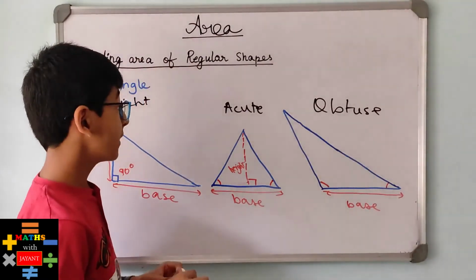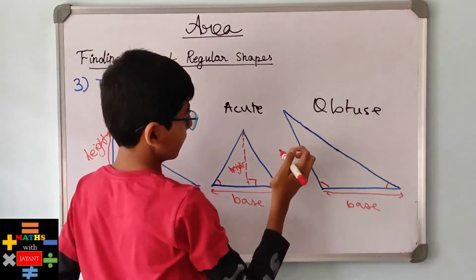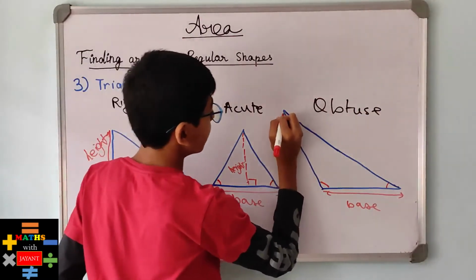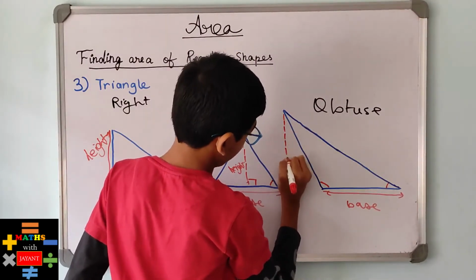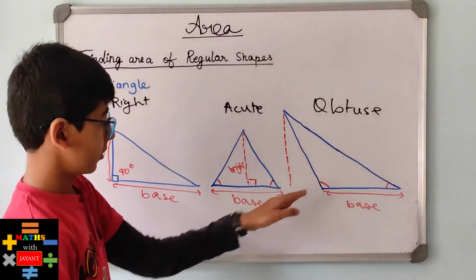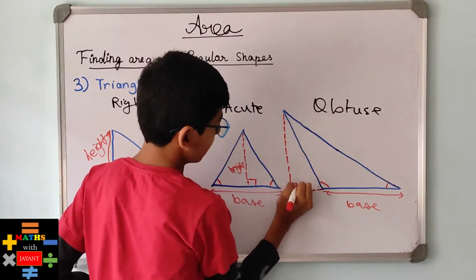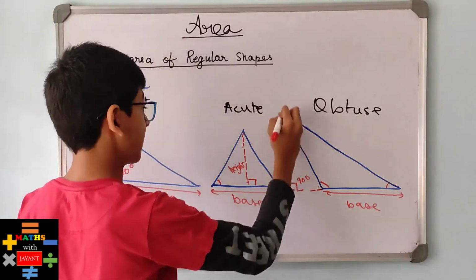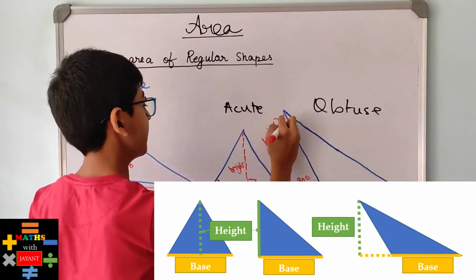So what is going to be the height in this? Like we had imagined a line from the tip, over here also from the tip, we can imagine a line that is perpendicular to the base. So like this. If we continue the base also like this, you see that they are perpendicular. So that is why in this triangle, this is our height.